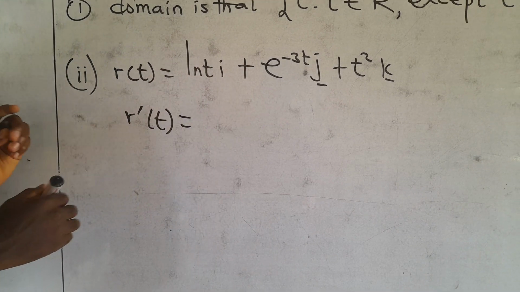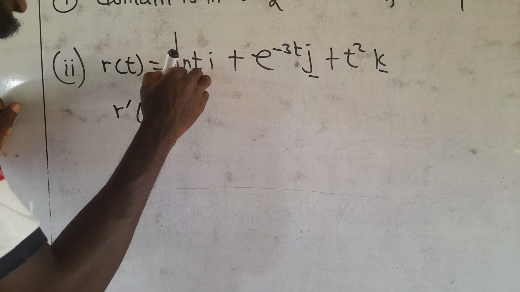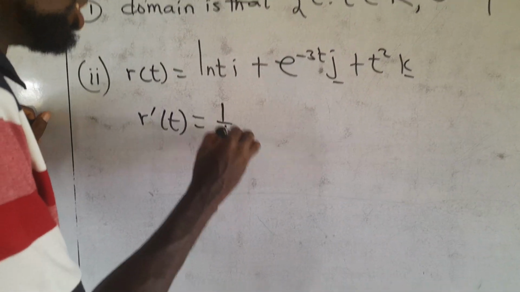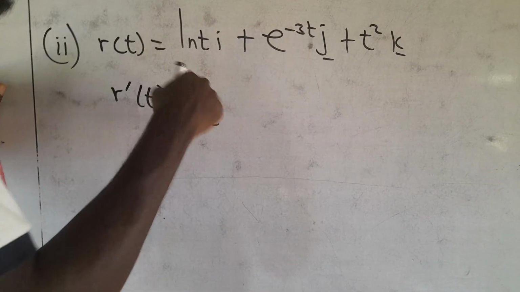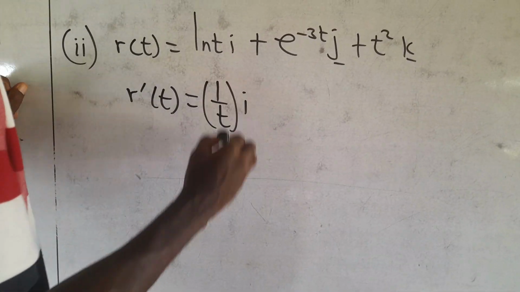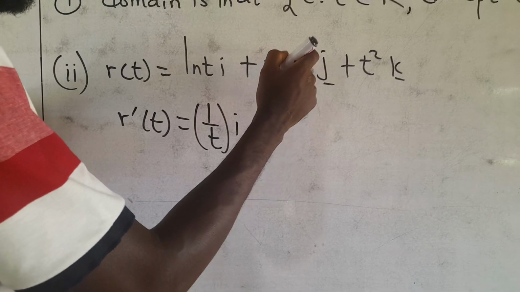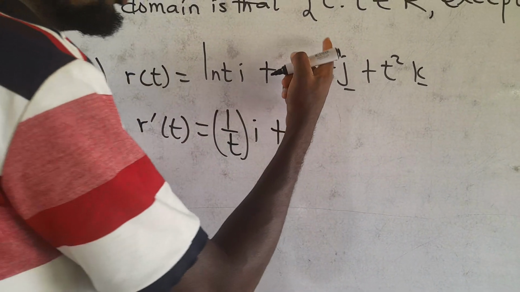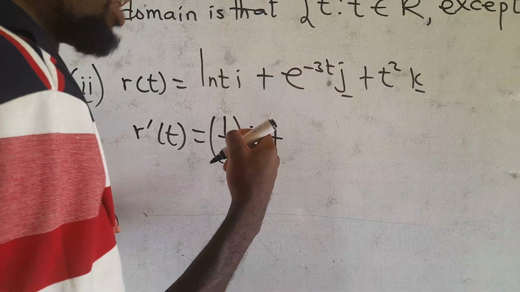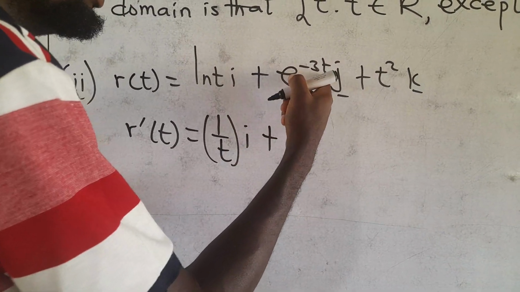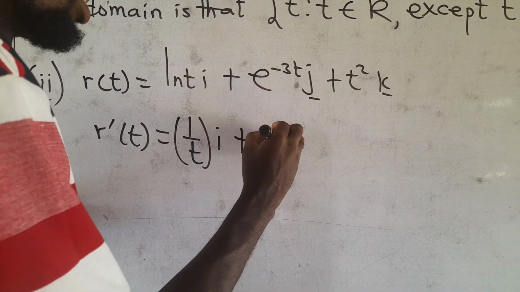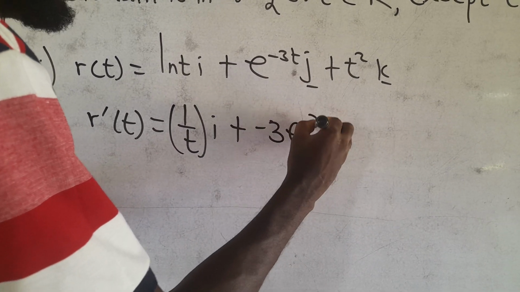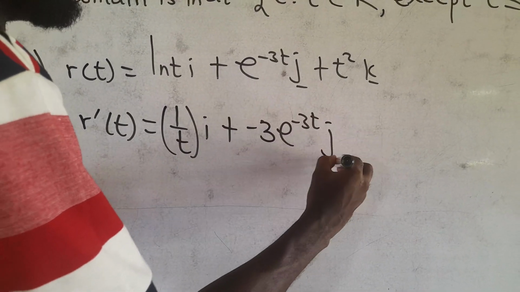Now what's the derivative of ln t? To differentiate ln t, we reciprocate the t, we get 1 over t, and differentiate the t again, we get 1, use it to multiply. It will still be 1 over t. Now plus, this is an exponential function. To differentiate it, we differentiate the exponent and use it to multiply the function again. When we differentiate negative 3t, we get negative 3 and use it to multiply e to the negative 3t in the j direction.